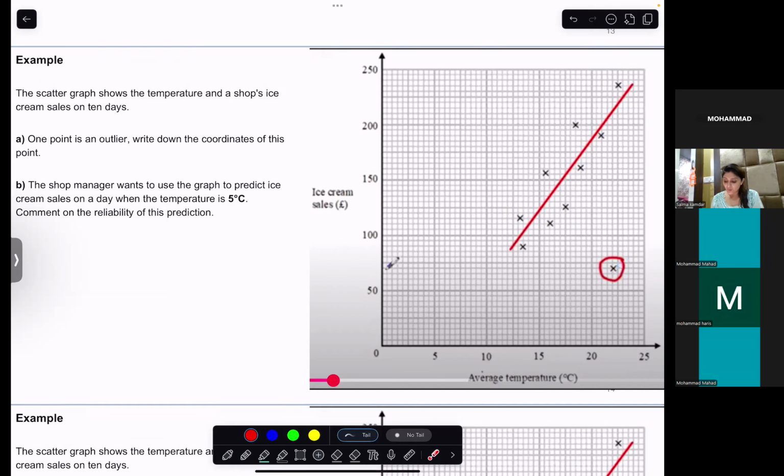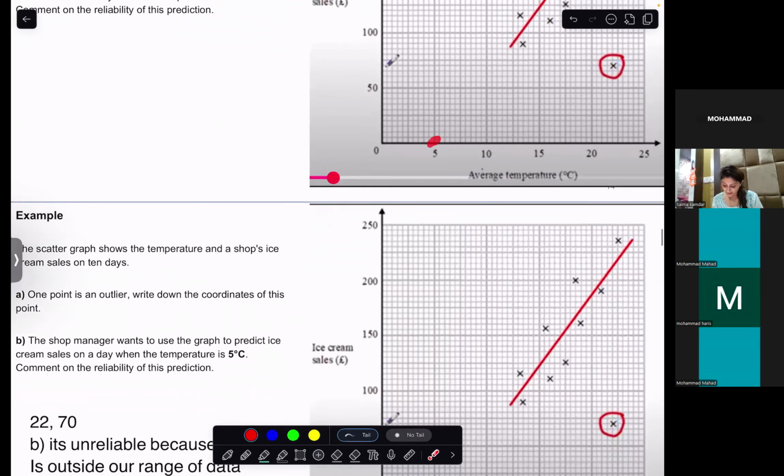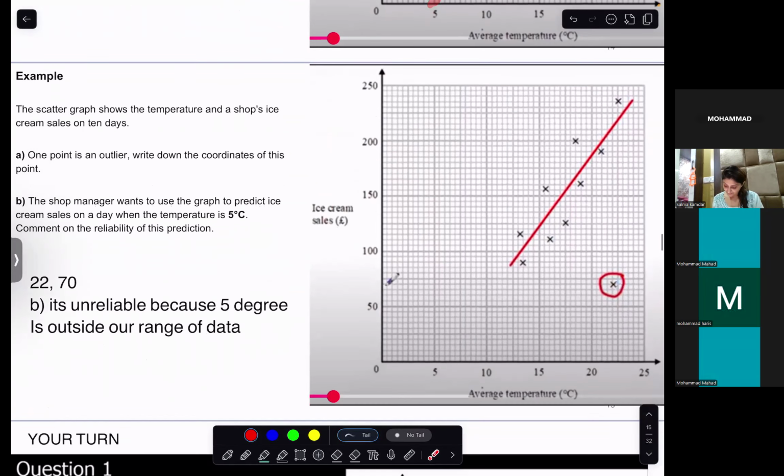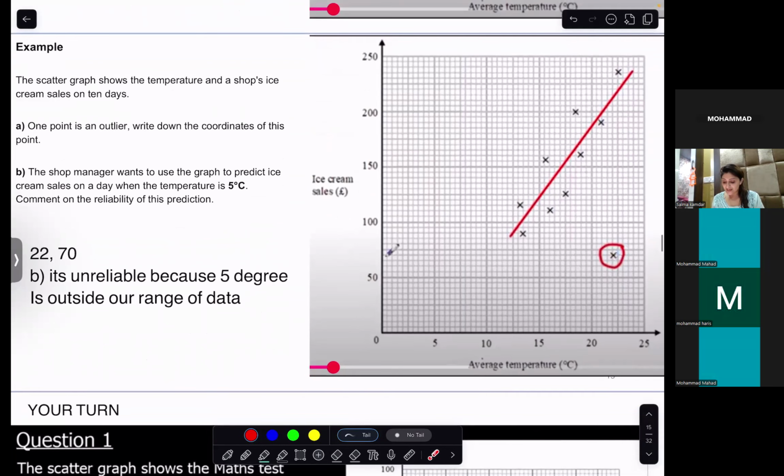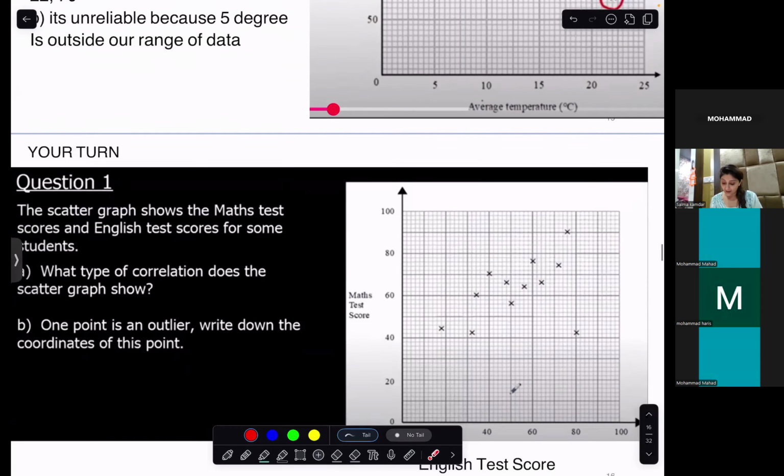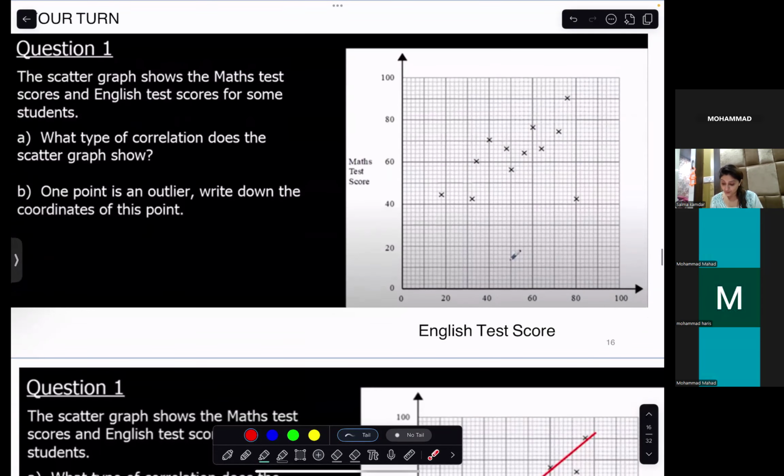My shop manager wants to use this graph to predict ice cream sales when there is 5-degree temperature. Comment on the validity of his prediction. This is extrapolation. Why? Because it is outside our range of data. So if something is outside our range of data, the prediction would be unreliable. You need to know this.